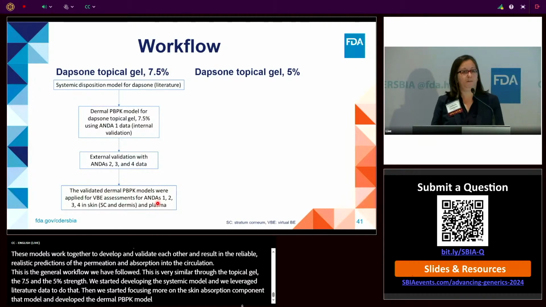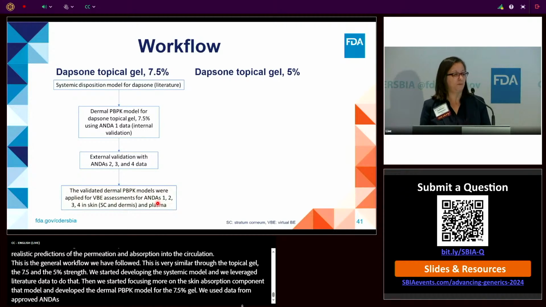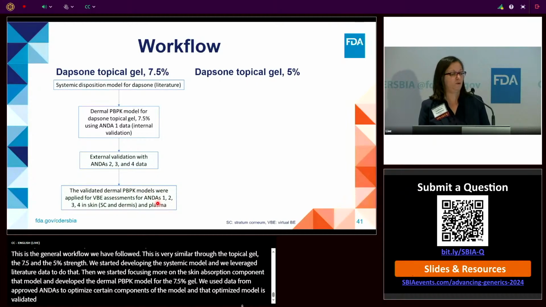We used data from approved ANDAs to optimize certain components of the model. And that optimized model then was validated against additional independent data sets that were extracted from other approved ANDAs.